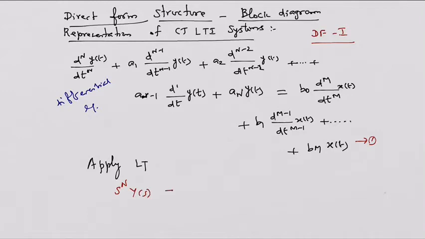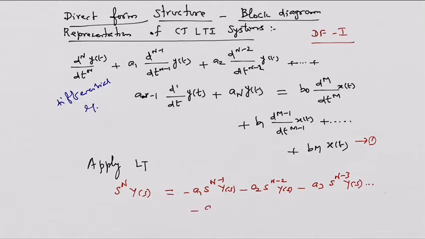I plan to take the remaining terms to the other side, so it will become minus a1 s power n minus 1 Y of s minus a2 s power n minus 2 Y of s minus a3 s power n minus 3 Y of s, and so on.